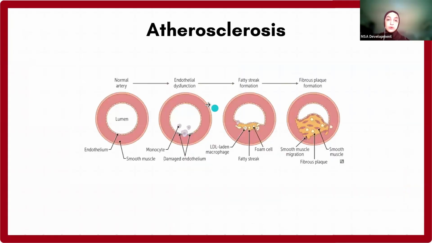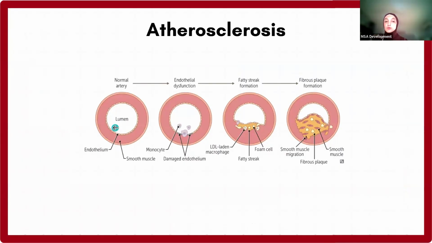Now, moving on to the pathophysiology, this is just a simplified overview of what happens. The first thing that happens is chronic endothelial injury, due to any of the substances that we just talked about: lipids, smoking, hyperlipidemia, hypertension, and so on.